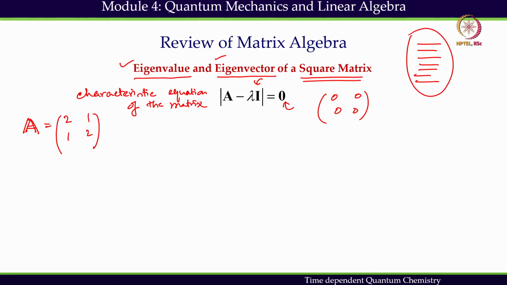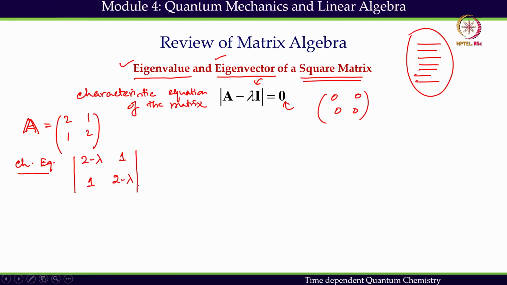So, if I have a 2 by 2 matrix like this, then the characteristic equation would be the following. It is going to be determinant of 2 minus lambda, 1, 1, 2 minus lambda.